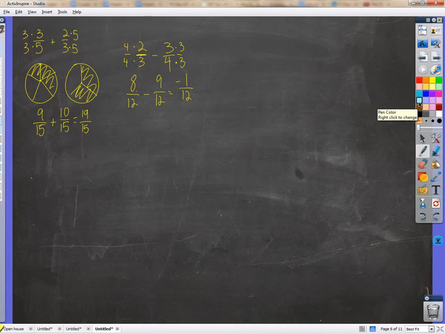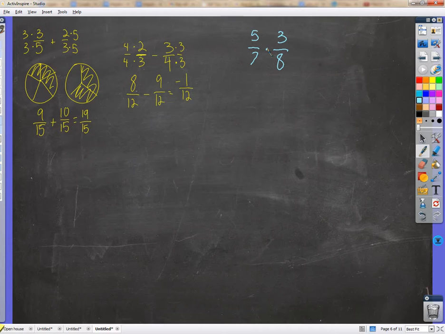Now we're going to deal with some multiplication and some division. Let's say 5 sevenths multiplied by 3/8. How do we multiply fractions together? Reciprocal? Do you flip it?